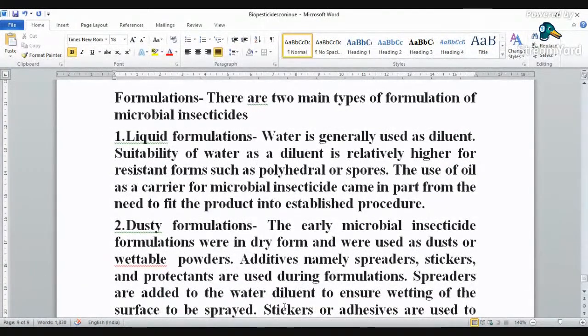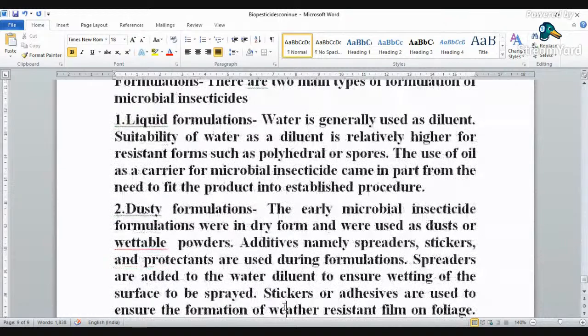Okay, so there are two main types of formulation: liquid formulation and dusty formulation. In liquid formulation, water is generally used as a diluent for the spraying of the liquid which is produced. The suitability of water as a diluent is relatively higher for resistant forms such as polyhedra or spores.